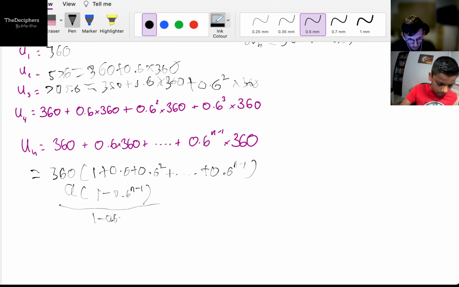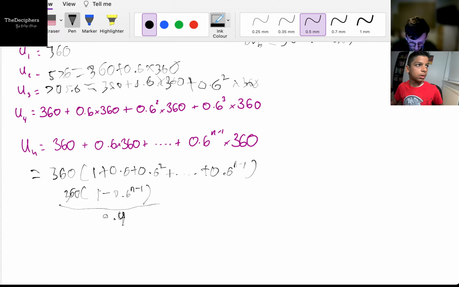Then 1 minus 0.6 is just 0.4. And a is just 360. And I guess it's been finished.